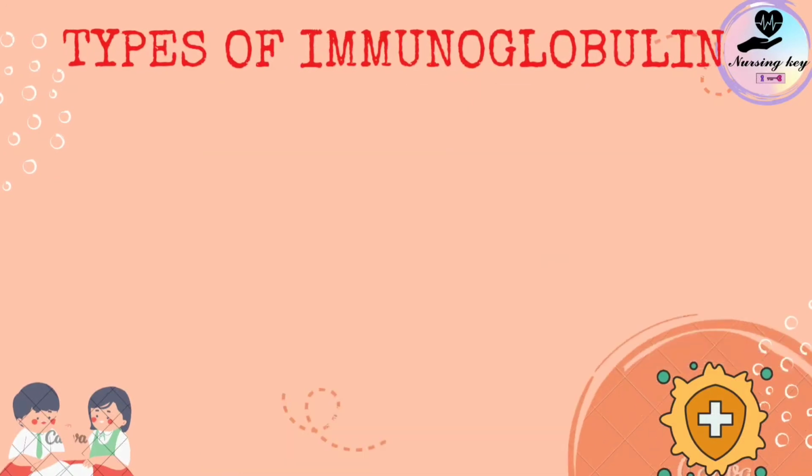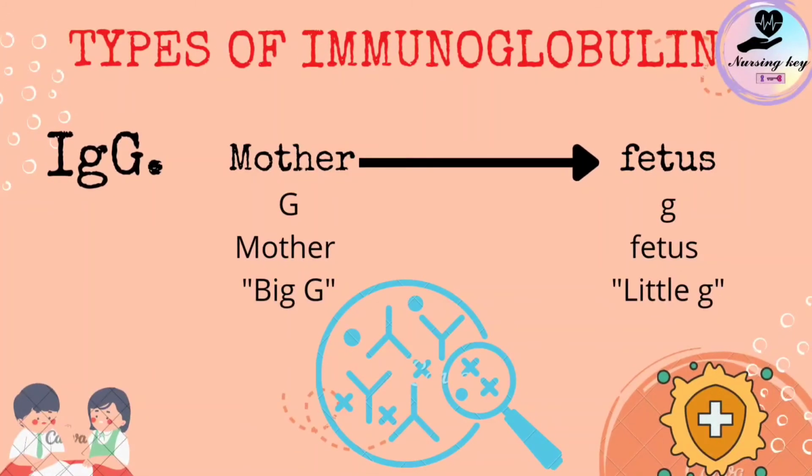In types of immunoglobulins, firstly we'll focus on IgG. You can see here IgG is transferred from mother to the fetus. It is mainly found in all body fluids. They are the smallest but most common antibody, about 75 to 80%, and IgG antibodies are very important in fighting bacterial and viral infection.